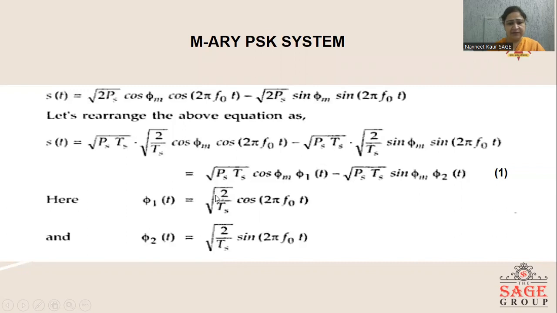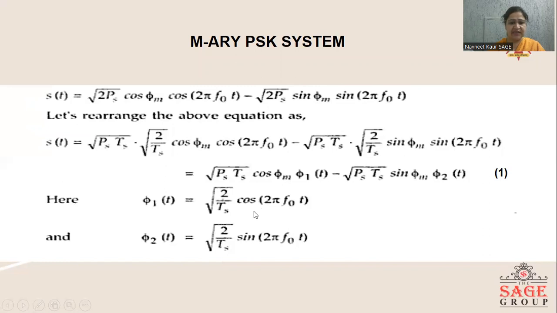Now, here we will assume phi 1(t) and phi 2(t) as two orthonormal carrier signals, where phi 1(t) is given by root 2 by TS cos 2 pi f naught t, whereas phi 2(t) is given as root 2 upon TS sin 2 pi f naught t. Now here we can see that these two orthonormal carrier signals are orthogonal to each other and they are normalized also.